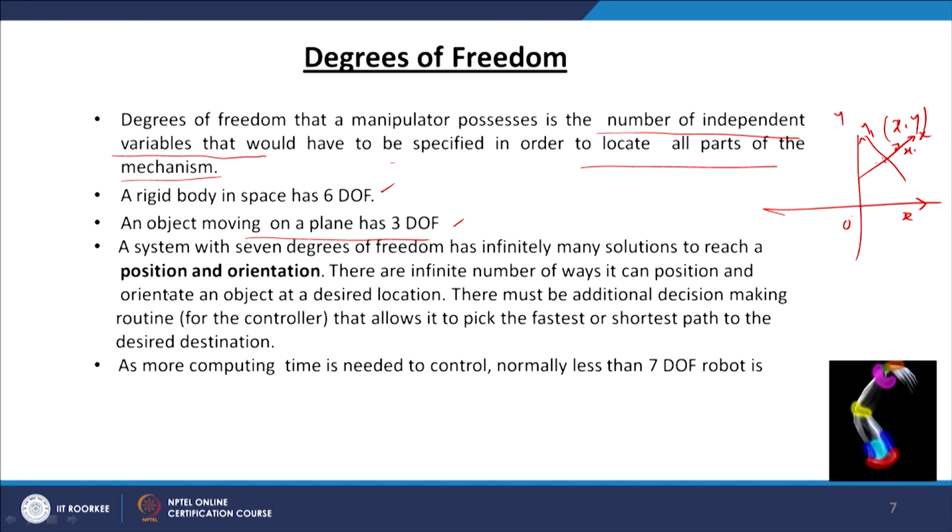And if we have more than 6 degrees of freedom for a robot manipulator, it is called a redundant robot manipulator, because to perform a particular task in space we need 6 degrees of freedom at the most. With more than 6 degrees of freedom, we can reach a particular object in an infinite number of ways. So, such 7 degrees of freedom manipulators are called redundant robot manipulators.